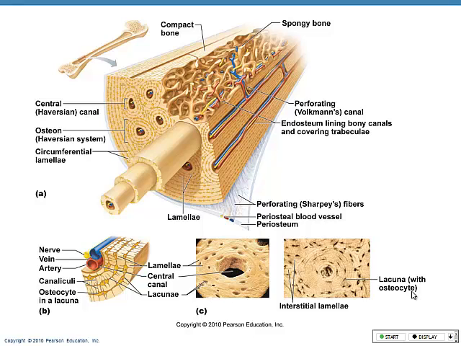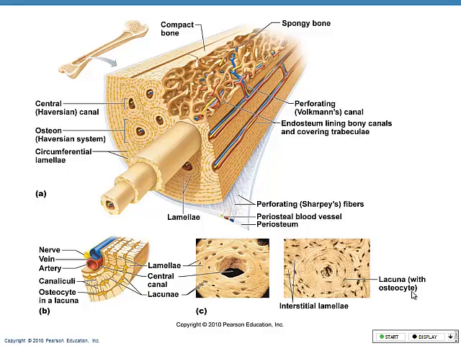Horizontal and vertical. So we see canals inside the bone that are supplying blood and all that good stuff to all the bone cells going horizontally and vertically. The ones that are going horizontally are called Volkmann's or perforating canals.